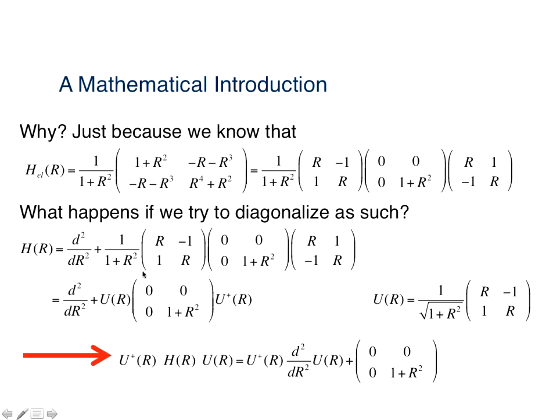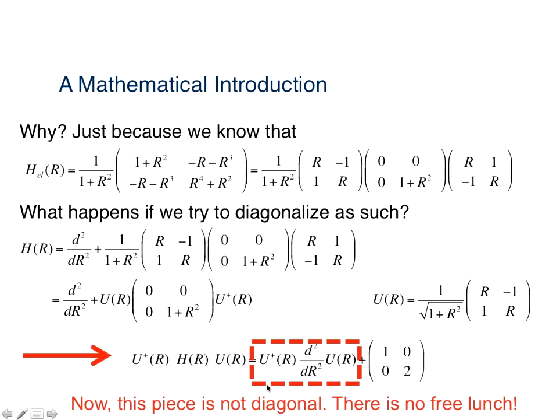To diagonalize this whole Hamiltonian, I would multiply by U dagger on the left and U on the right. Then I change basis, and effectively my new Hamiltonian would look like this. What you notice is, in general, the right-hand side is now diagonal, but the left-hand side is no longer diagonal. There is no free lunch here.